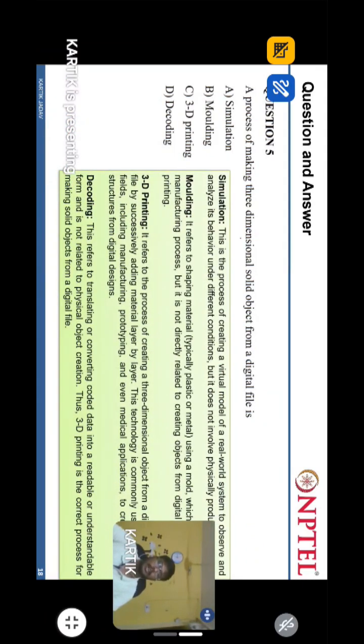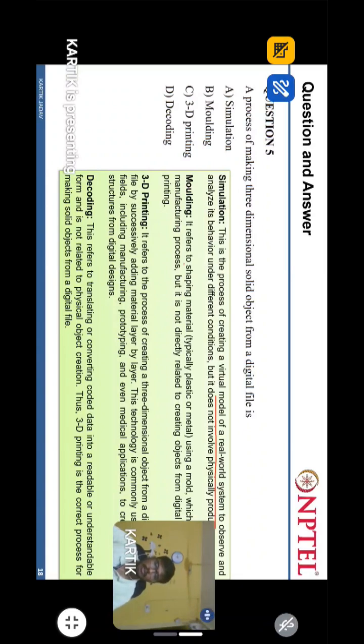The process of making a three-dimensional solid object from a digital file is known as: simulation, molding, 3D printing, or decoding. So let's understand each option. Simulation. What is simulation? That is the process of creating a virtual model of a real system, meaning we are simulating various real-world scenarios to analyze the behavior of the emitter, right?